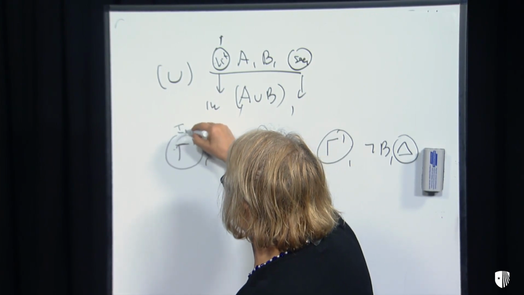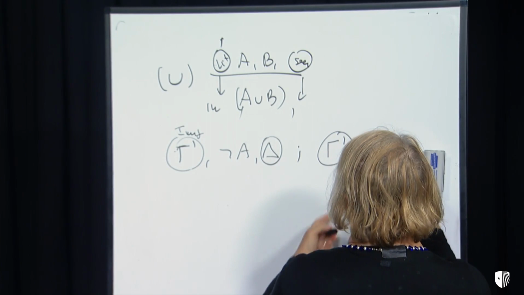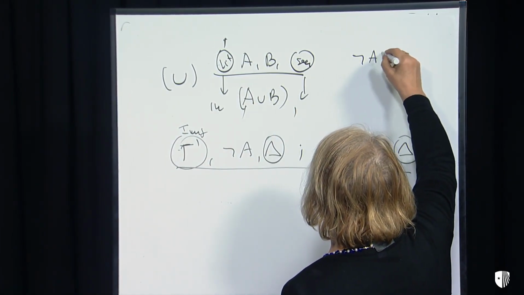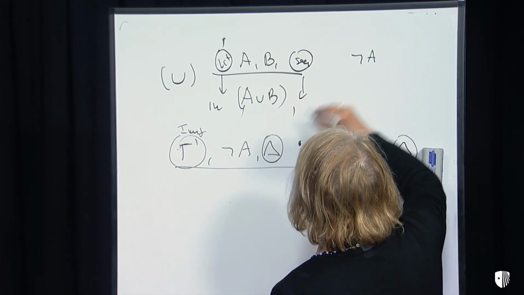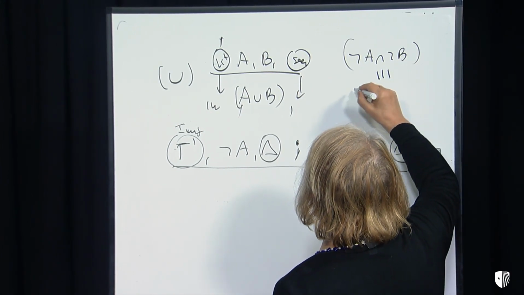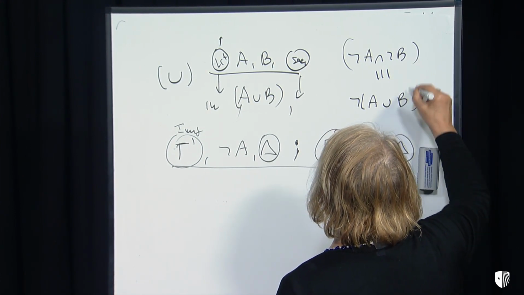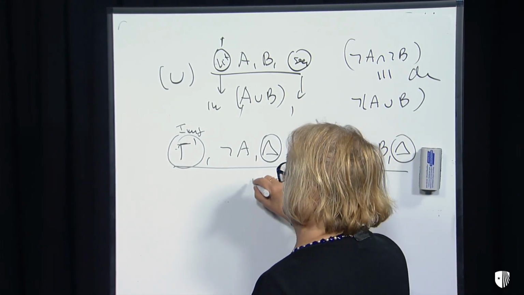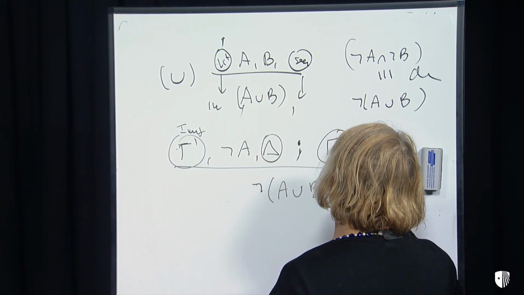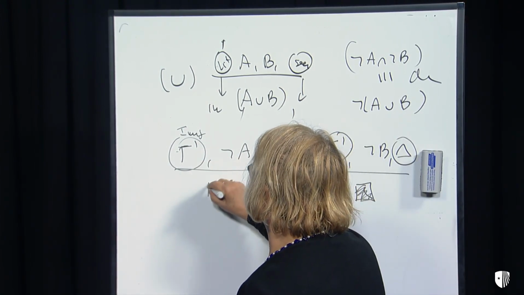So, as in the sequent, the information on both sides has to be the same, and then you can deduce not A and not B. You know that this is logically equivalent to what? Not A or B, by De Morgan's law. So you can deduce the negation of A or B, and you keep all your information around exactly the same.